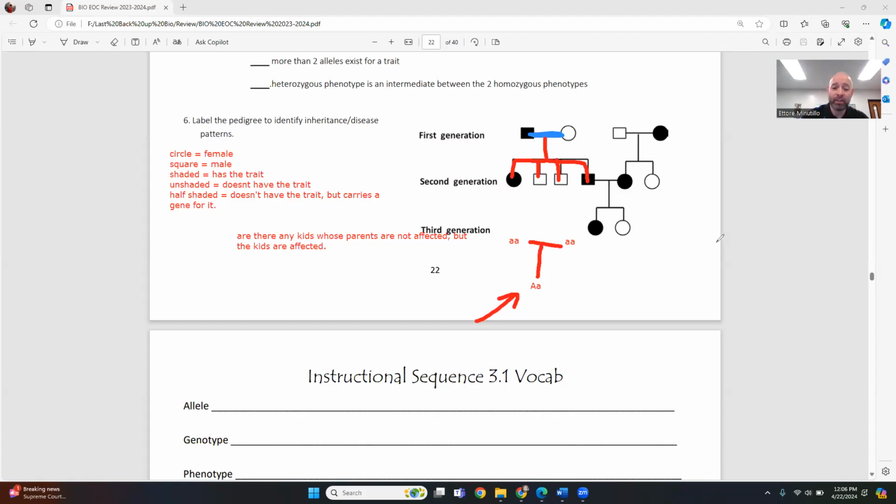So the only way you can have a kid that's different than the parents is if the trait is recessive. A recessive trait can have a kid that's different than the parents, but a dominant trait could not.